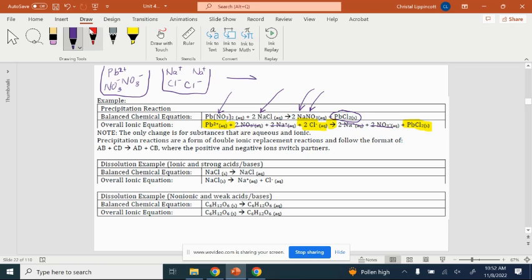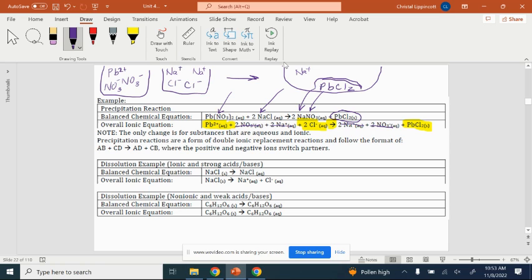All right. When we mix these together in the same container, I now have my lead chloride down here.